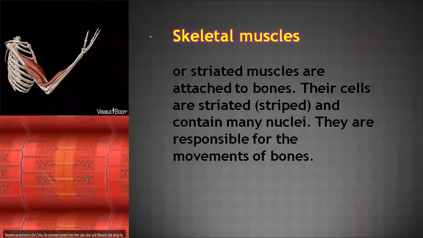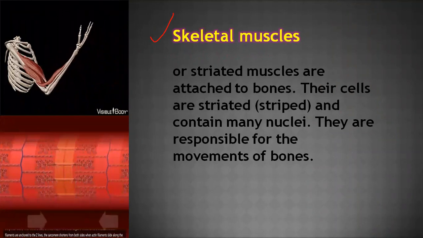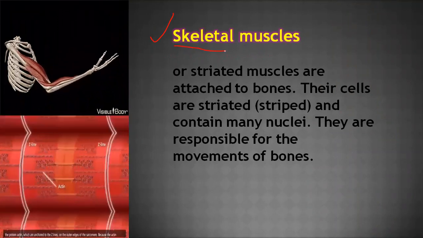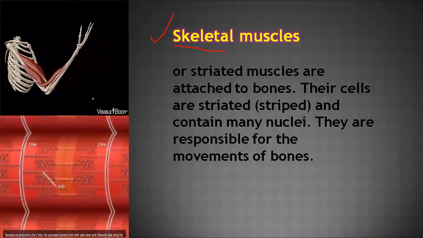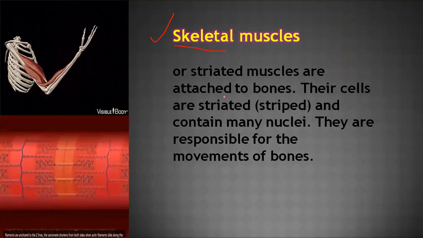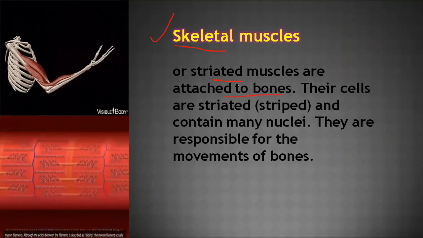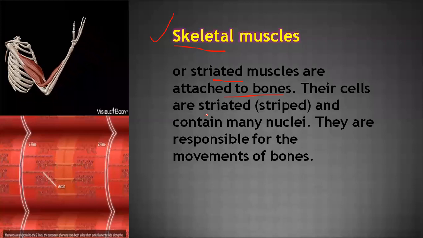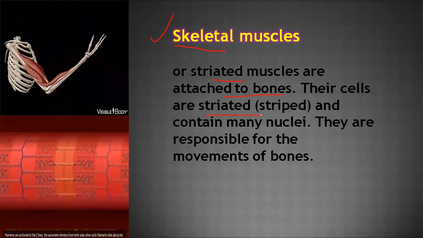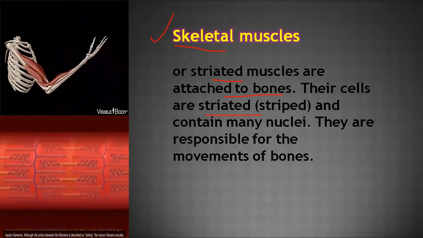So the first type of muscle is called skeletal muscles. They are attached with a skeleton, to the bones. That's why they are called skeletal muscles. They are also called striated muscles, and these striations come from stripes.